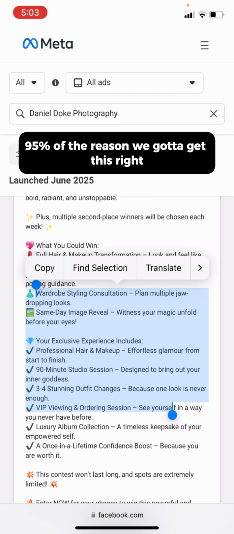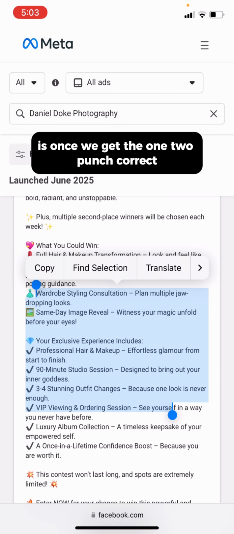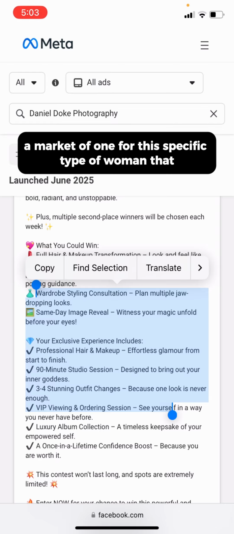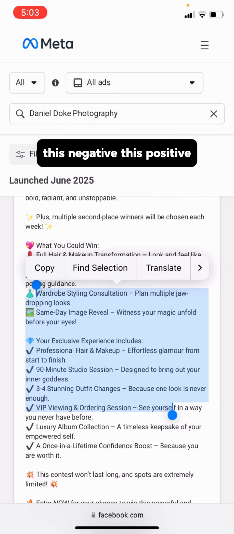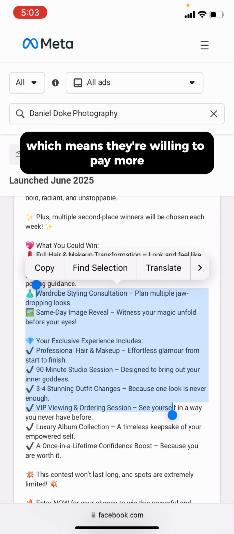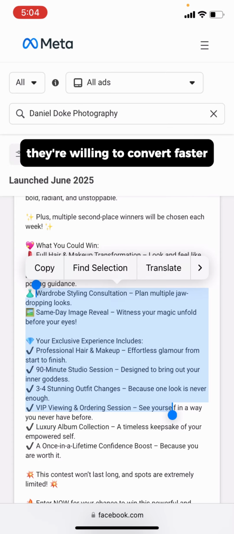But the second reason, 95% of the reason we got to get this right, is once we get the 1-2 punch correct, we become a market of one for this specific type of woman, with this who, this negative, this positive, this hesitation/roadblock, and this story/narrative. A market of one for that woman, which means they're willing to pay more, they're willing to convert faster.